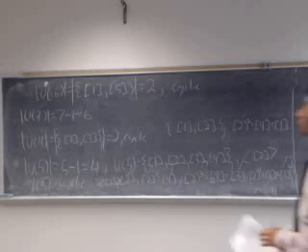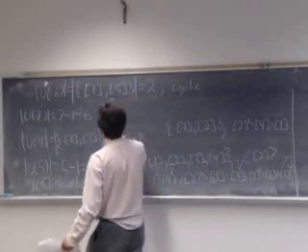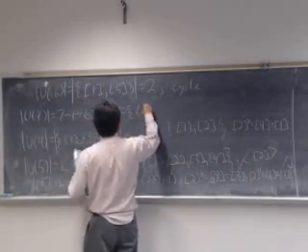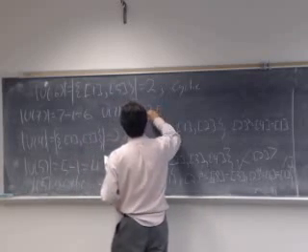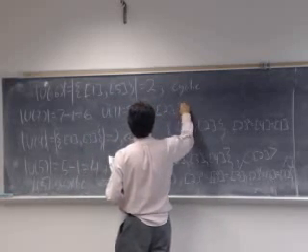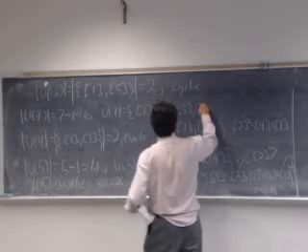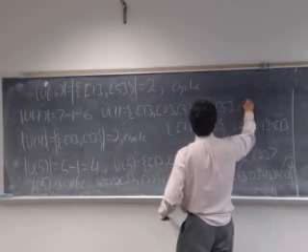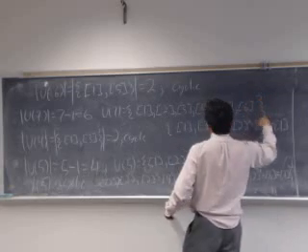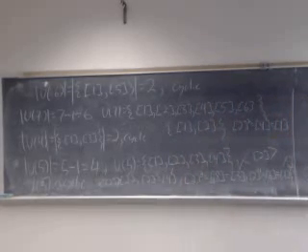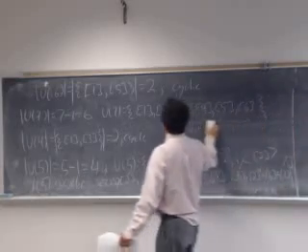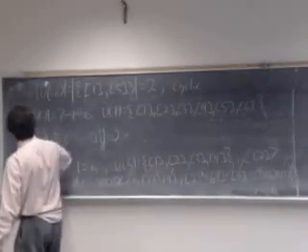They may not be cyclic, but they will be abelian. So what are the elements of U7? So we have 1 and 2, basically everything between 1 and 7. And is it cyclic?